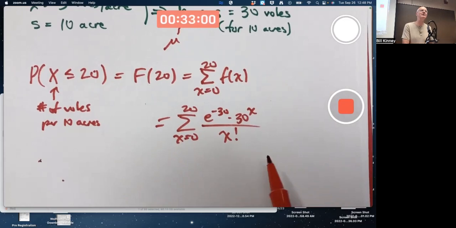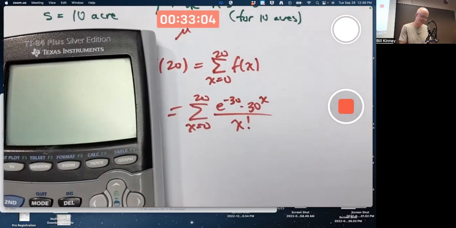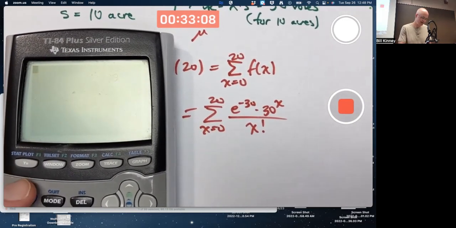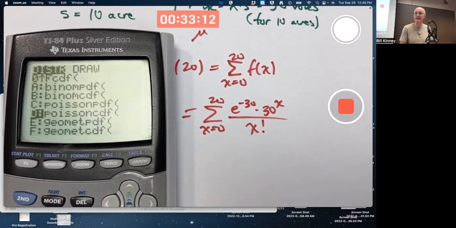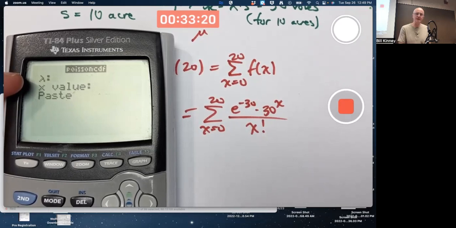Do you literally have to do the sum? No, use your technology. In this case, a Poisson CDF would be the quickest thing to do. My calculator is using the letter lambda, not k, not mu.